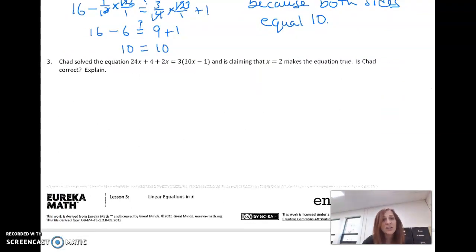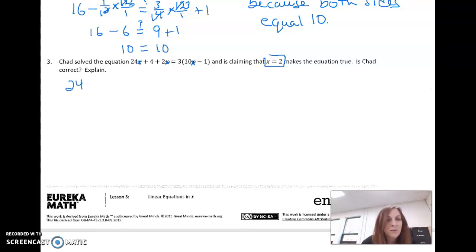Chad solved the equation 24x plus 4 plus 2x equals 3 times the quantity. When I say times the quantity, I mean in parentheses 10x minus 1. He claims that x equal to 2 makes this equation true. Is he correct? And explain. So anytime we see an x, we're going to substitute 2, and then we're going to see if the equal sign holds true.